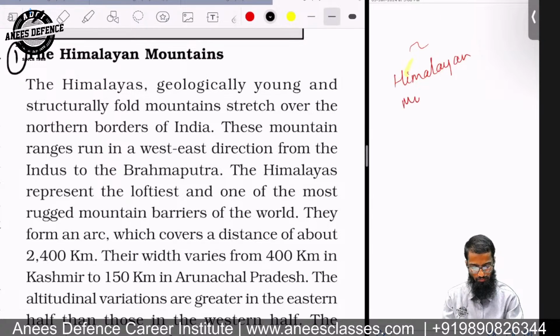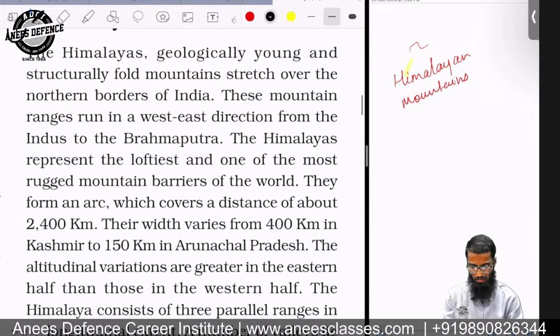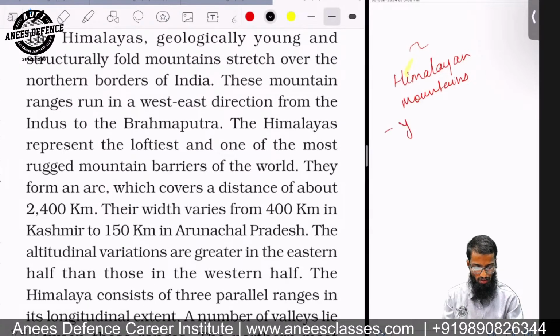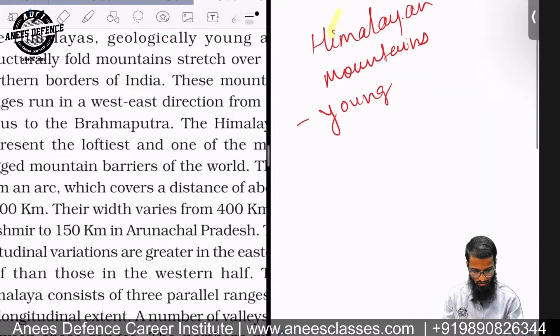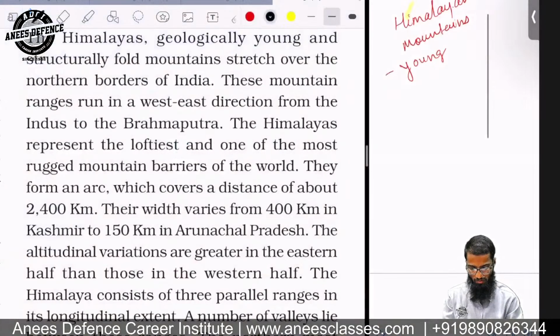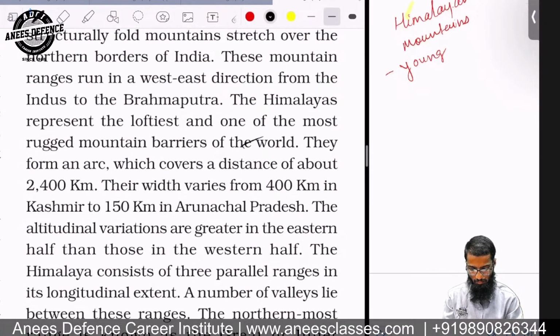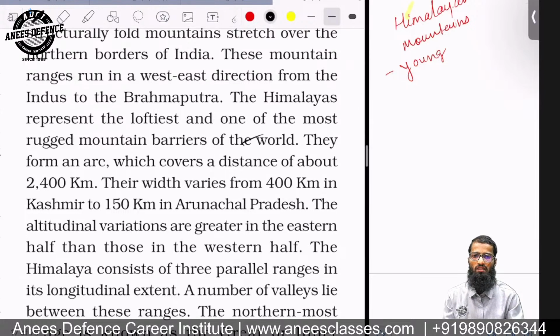Firstly, Himalayan mountains are young mountains. Now these mountains range in the west-east direction from the Indus to Brahmaputra.